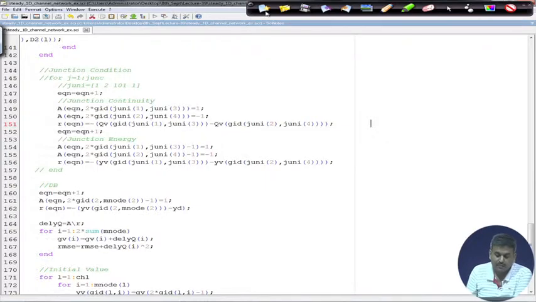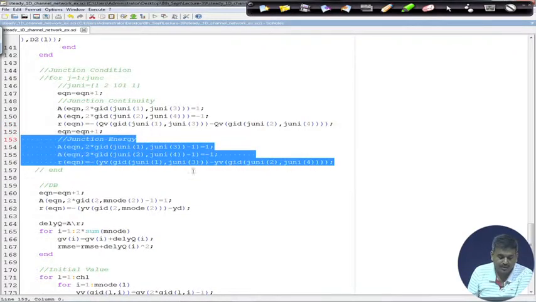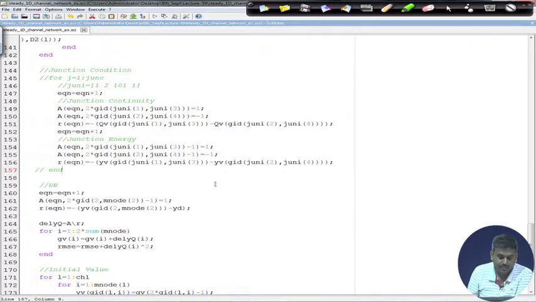So with this information, if I run this, obviously we have these equations.